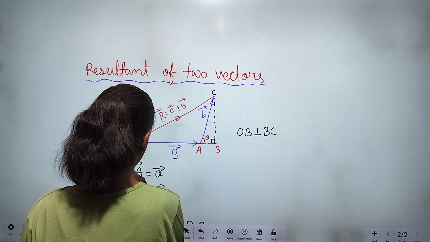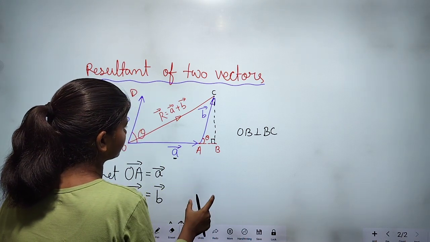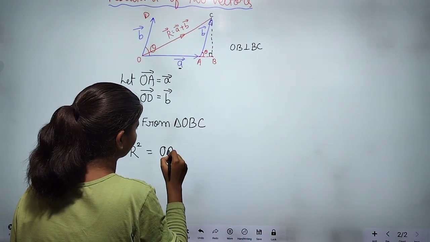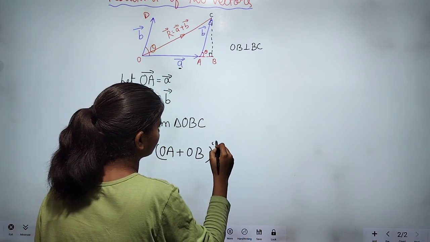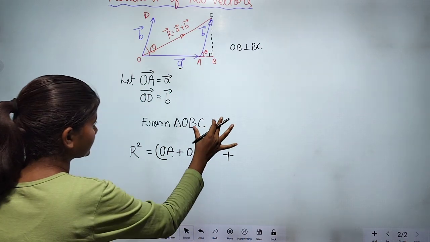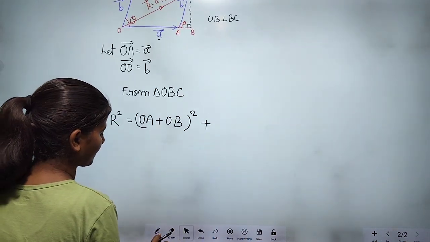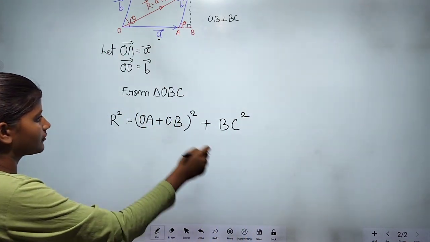So here we can write (OA plus AB) square plus BC square. This is our Pythagoras theorem.